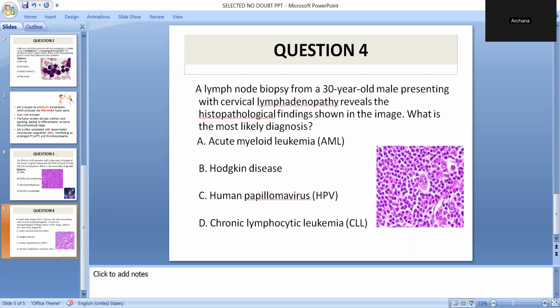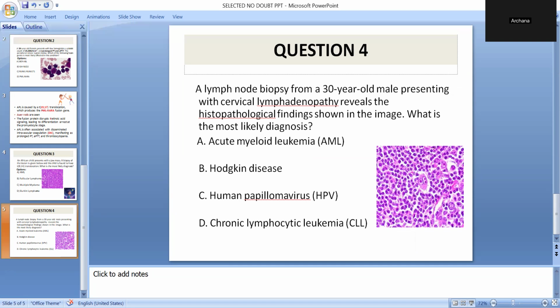What's the diagnosis? What is striking in this picture is the center cell here. This is a cell which resembles the eyes of an owl. So this is a clue for us saying that this is a Hodgkin cell. What is a Hodgkin cell? The Reed-Sternberg cell, or RS cell, is a classical feature of Hodgkin's lymphoma, which has an owl-eye appearance.